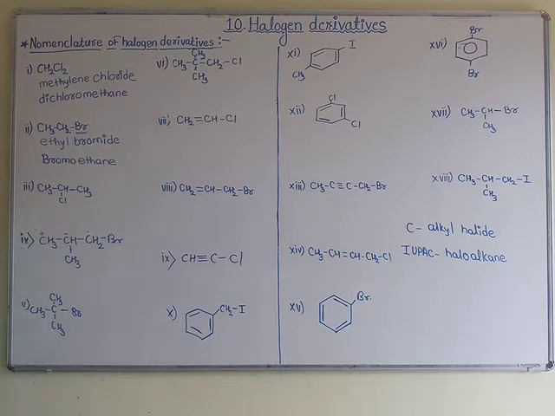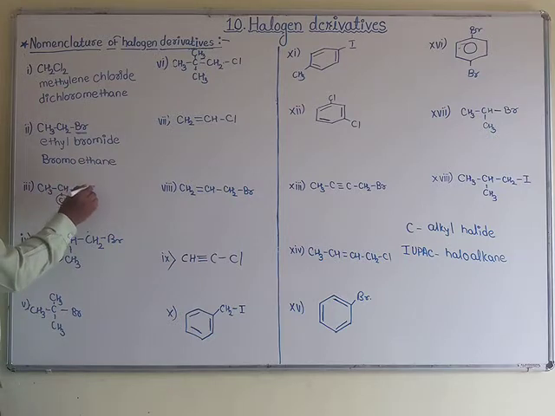See the next compound. In this third compound, the molecular formula is CH3CHClCH3. On the second carbon, there is a halogen atom. To name such compounds, we must know some rules which you learned in 11th standard.